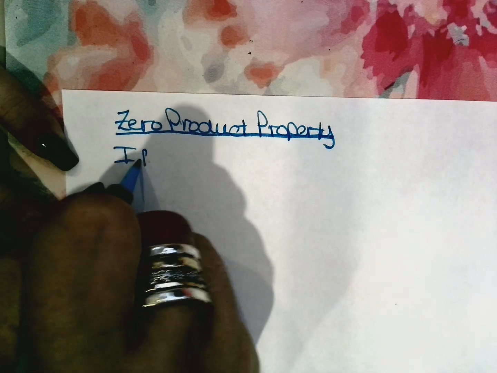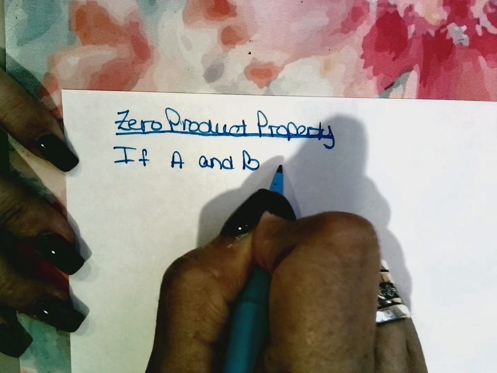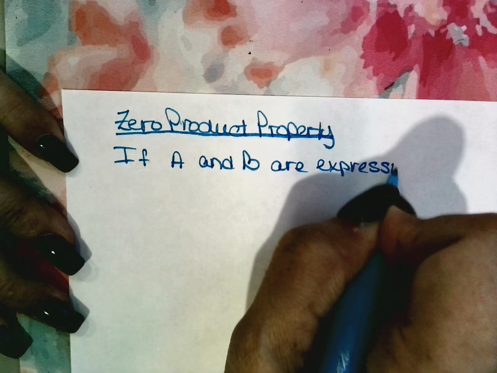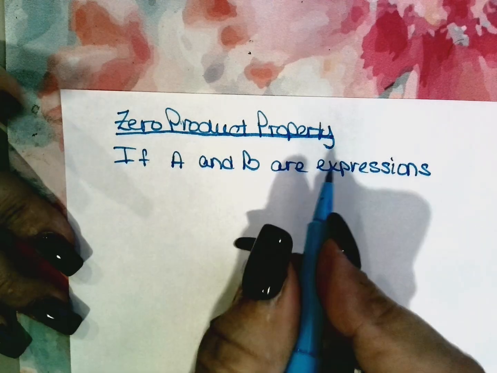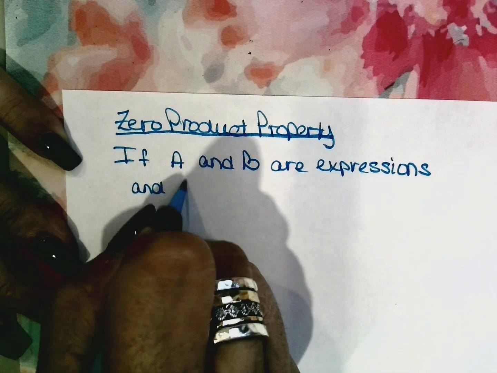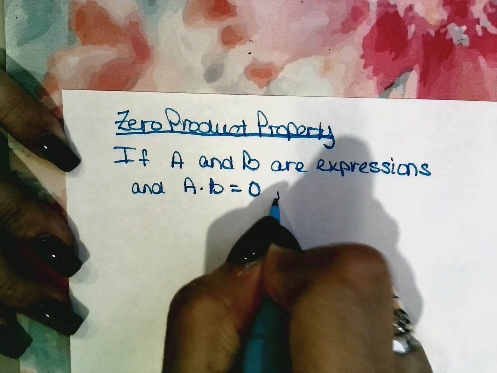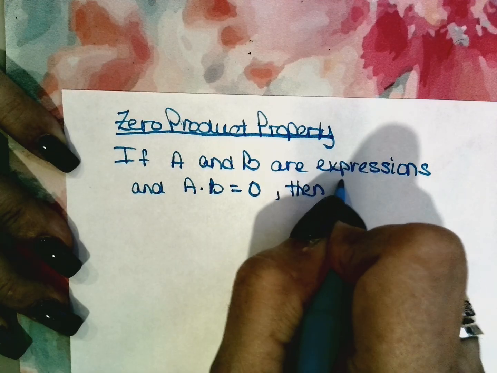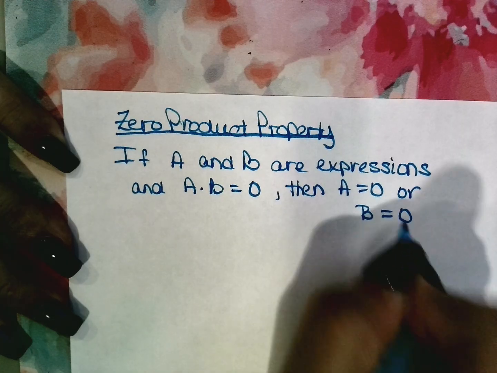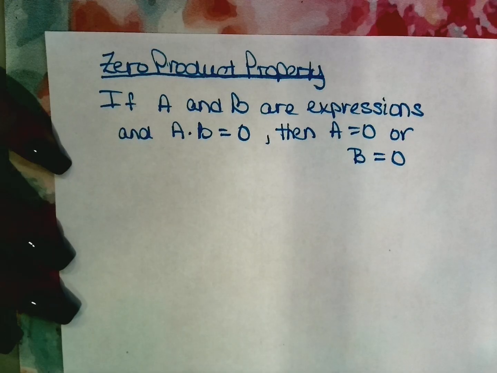So if A and B are expressions, now they're actual values, that's all we really care about. If they're expressions or values, and when you multiply A times B you get 0, then A is equal to 0 or B is equal to 0. All right? So really straightforward, very simple.